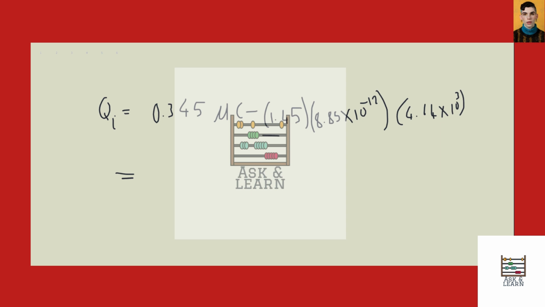This results in 0.597 times 10 power negative 12 times 10 power positive 3, so that's 10 power negative 9, which written this way is 10 power negative 7.